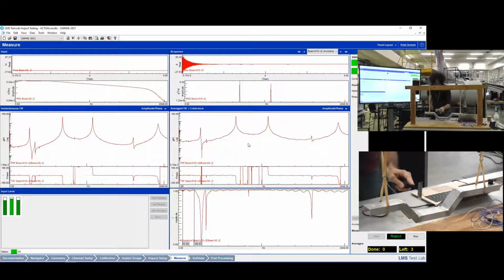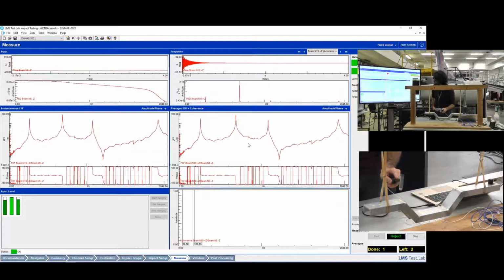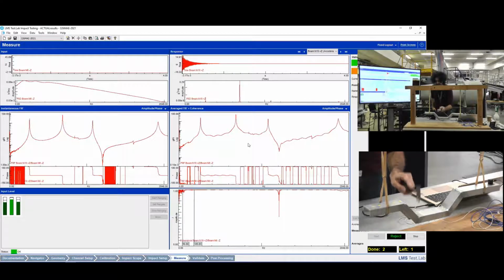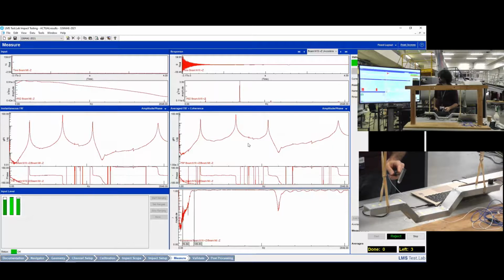0.6, again, this is close to the other welding. Okay, well, I've seen better, but it'll do. 0.7.